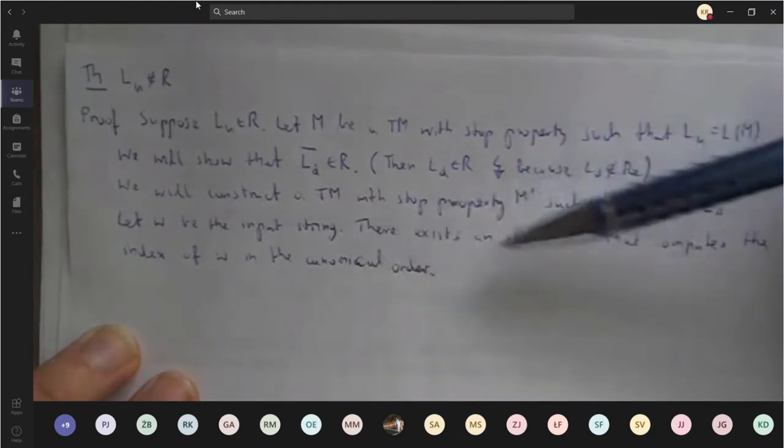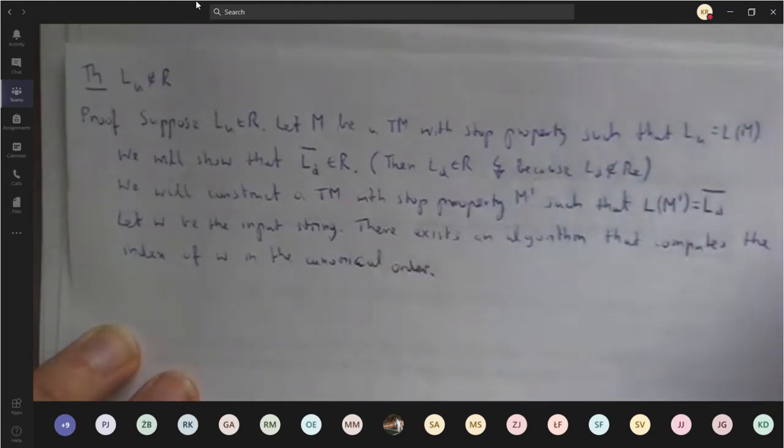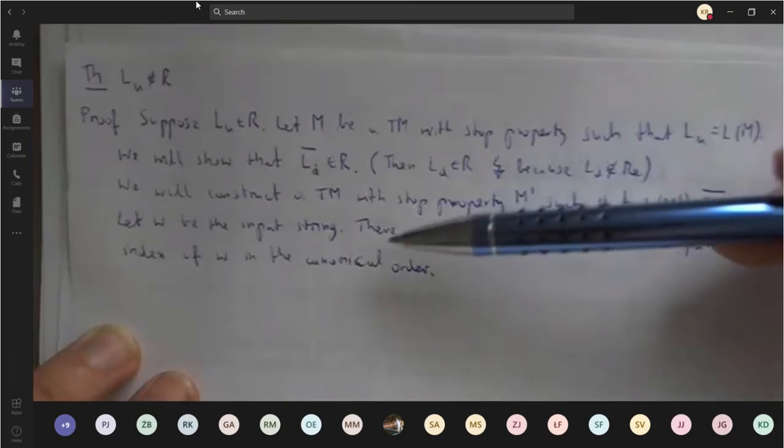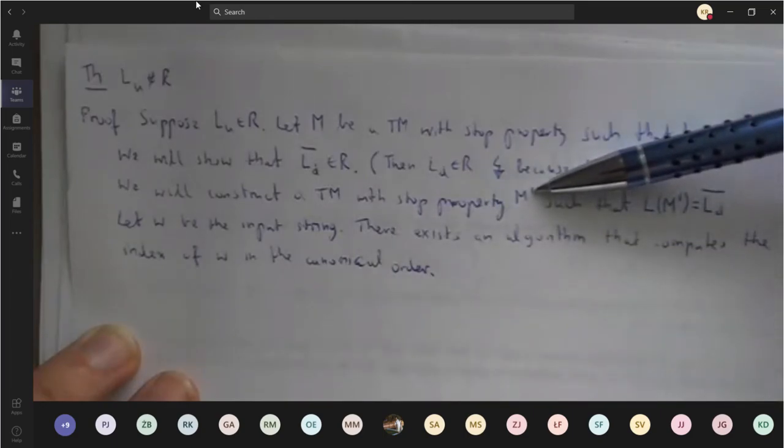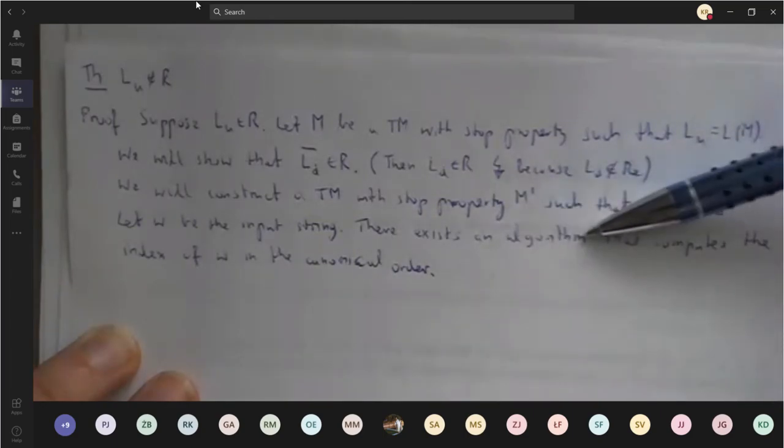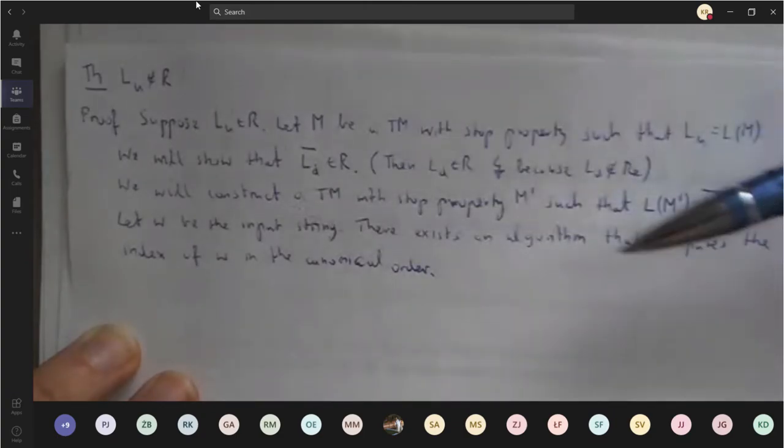We will use this sentence in some more proofs. So that means that M prime runs the algorithm for searching the index of a string in the canonical order.